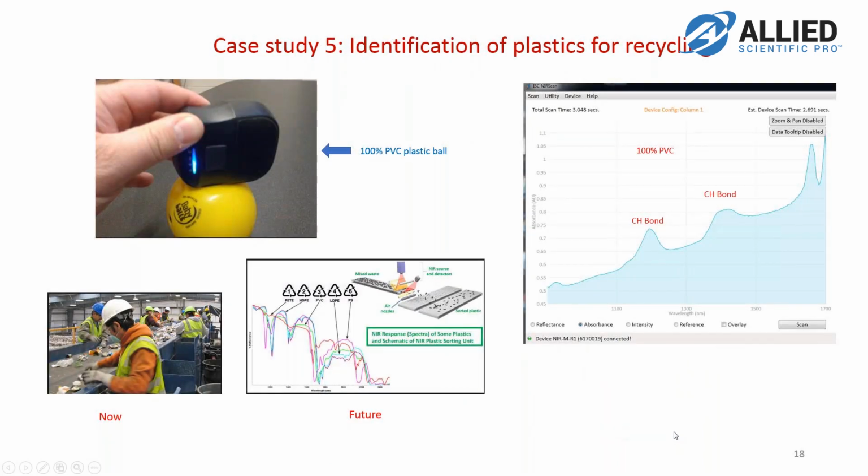Another very interesting application is identification of plastics for recycling. And this is a huge application which could be of much use. So the way recycling is done, most of us are not concerned with what happens to our recycling products. We just throw them in the bin and then we forget about them.